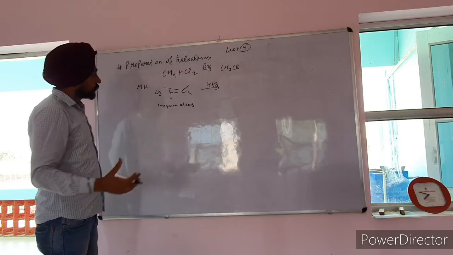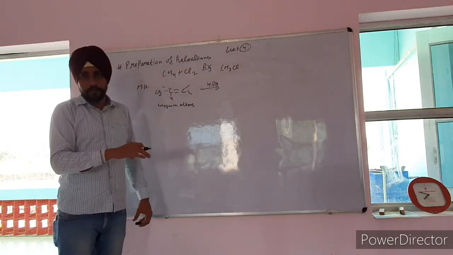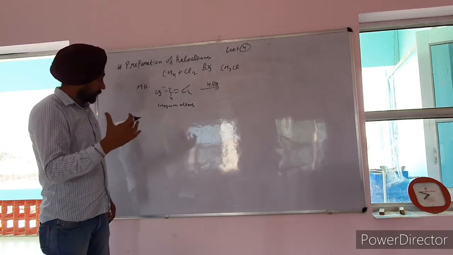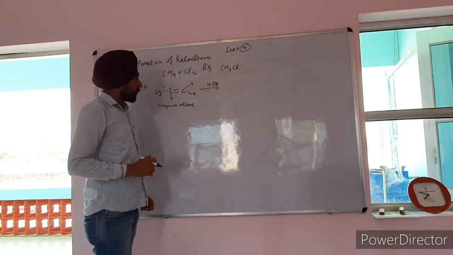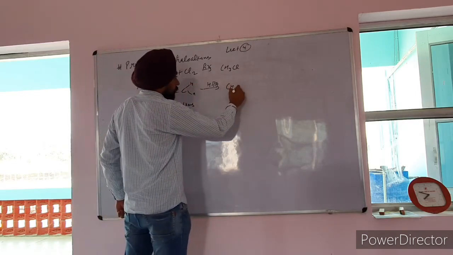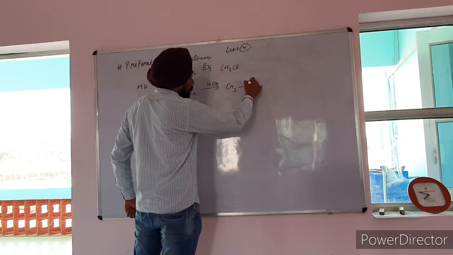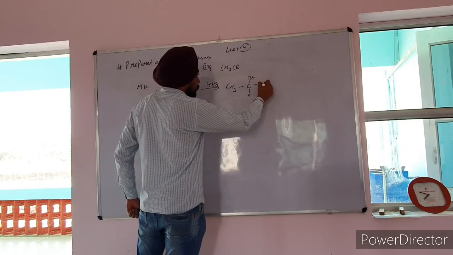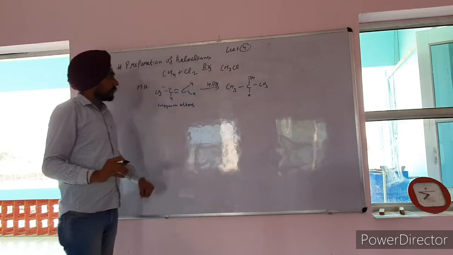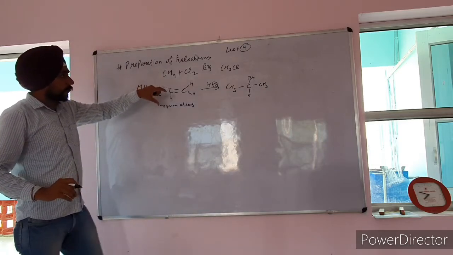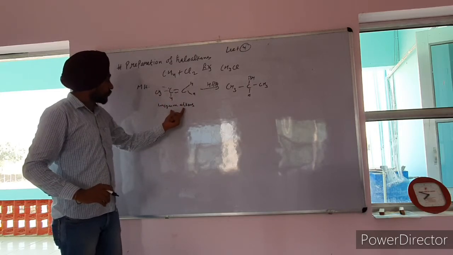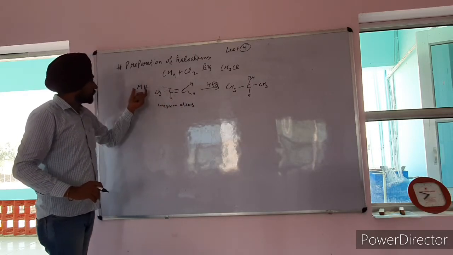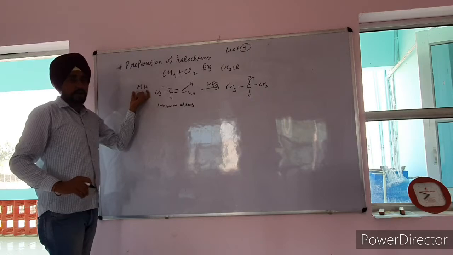The hydrogen goes to the carbon with the higher number of hydrogens, and the negative part goes to the carbon with the lower number of hydrogens, just like this. This is called preparation of haloalkane from alkenes, from unsymmetrical alkenes, by following the Markovnikov rule.